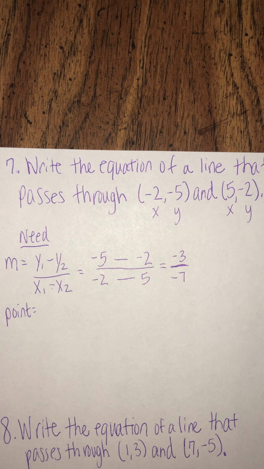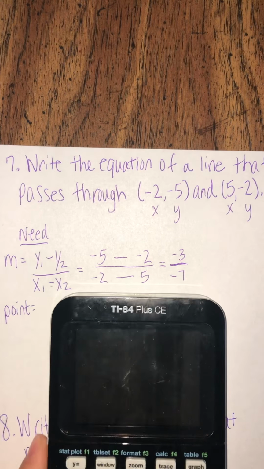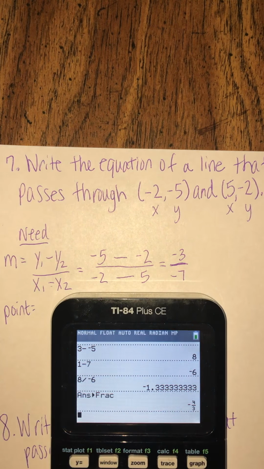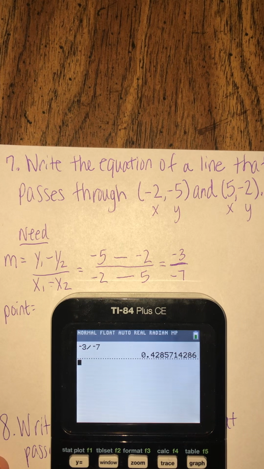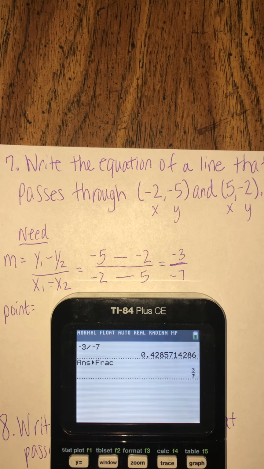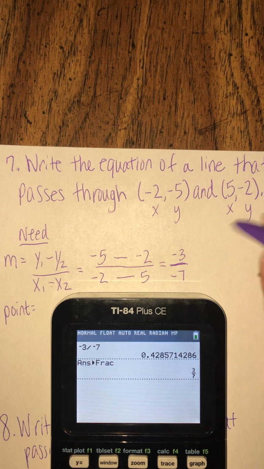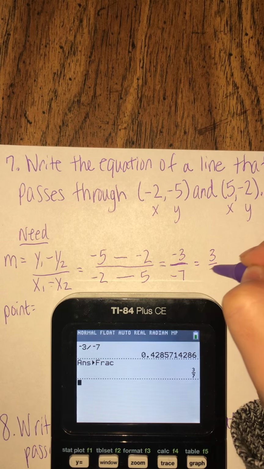I'm going to try to see if my calculator will show up. Oh, perfect. So we have -3 divided by -7. Of course, our calculator gives us this horrible decimal. You have that math enter opportunity, and you can see it's going to give us a 3/7.